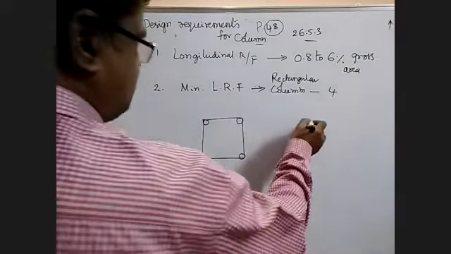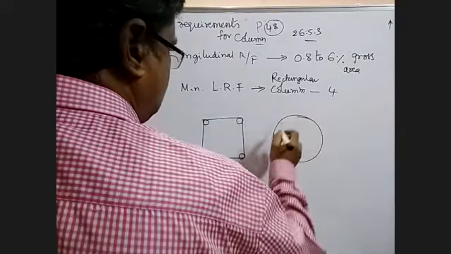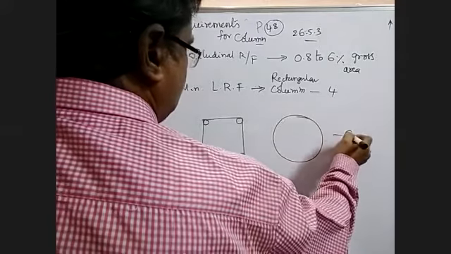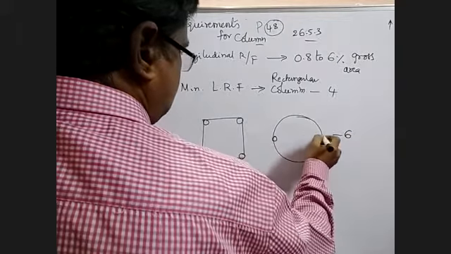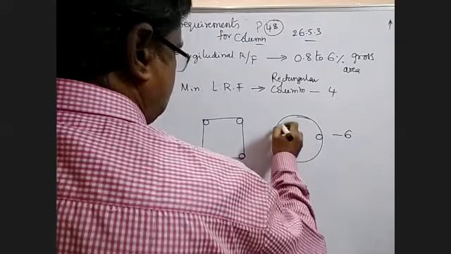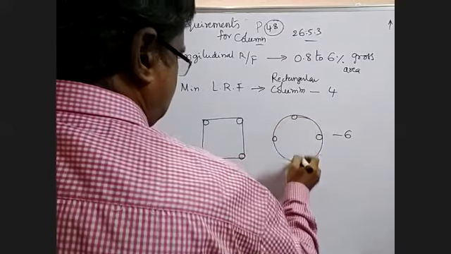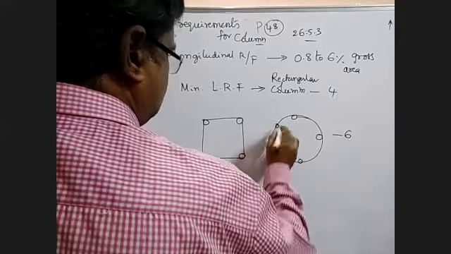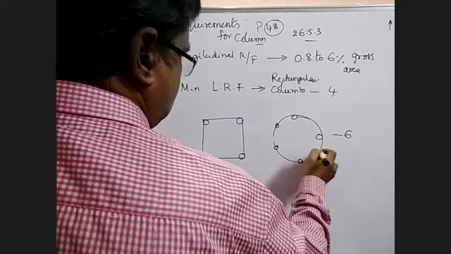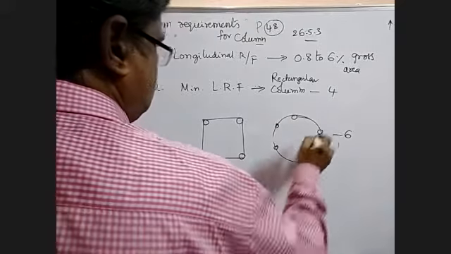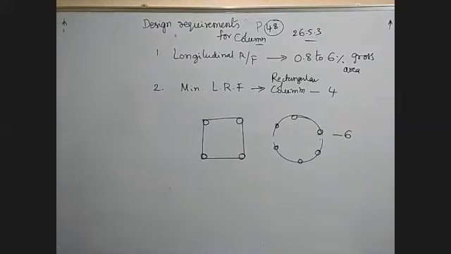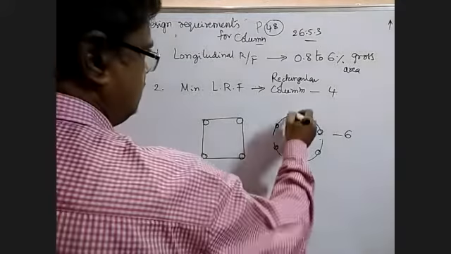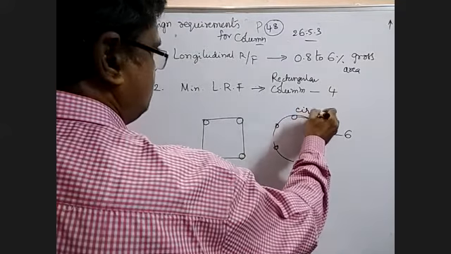And if it is a circular column, then you have 6 bars. One, two, three, four, five. Okay. So for circular column, this is for rectangular column. This is for circular column.